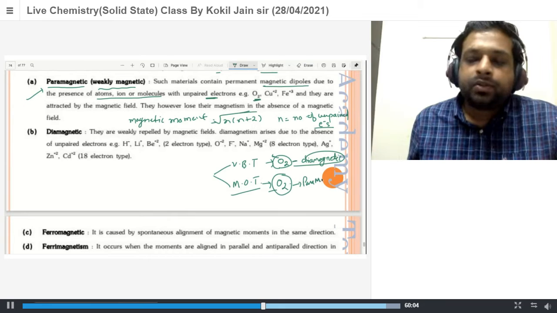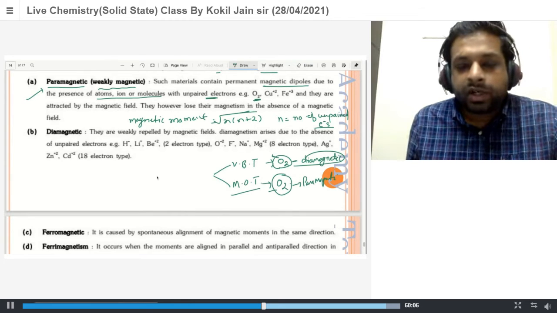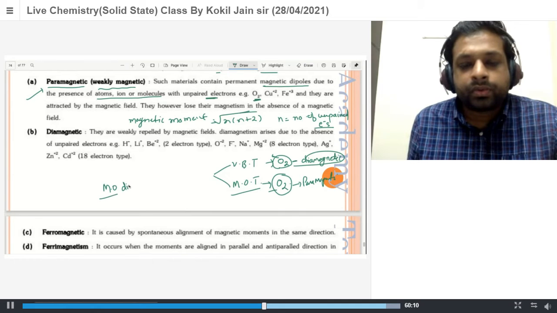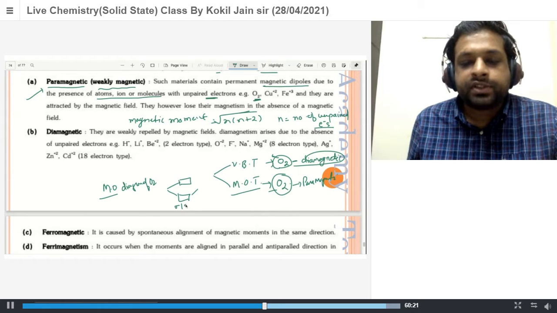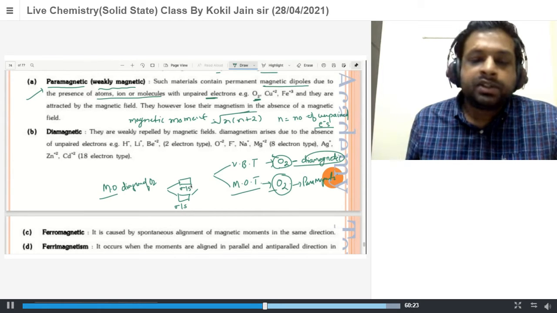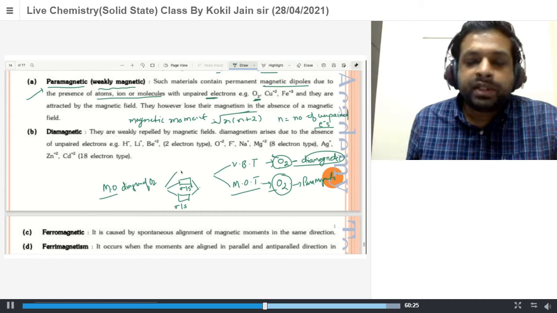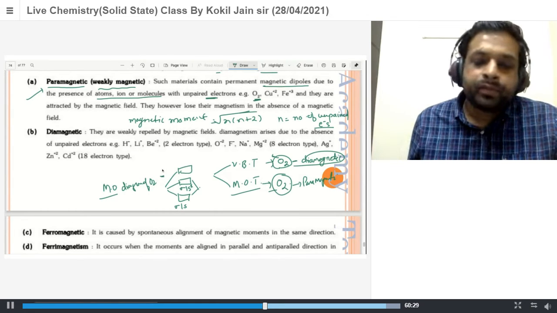Okay. Now what we did was we drew a molecular orbital diagram of O2. Try to see this kind of diagram here. Draw these 1s, sigma 1s, sigma 1s star. Okay. These sigma 2s, sorry, not here, from here.